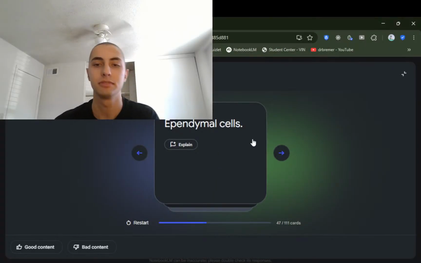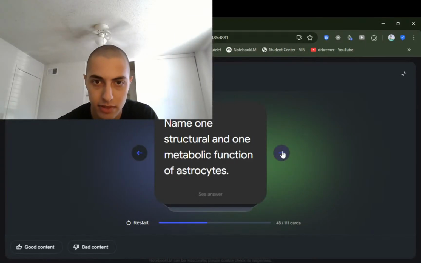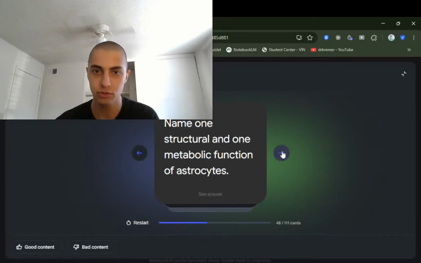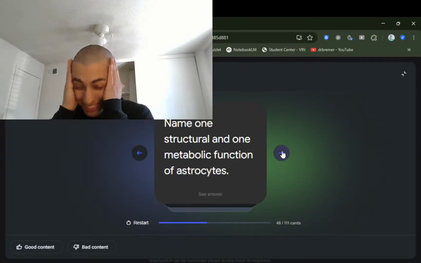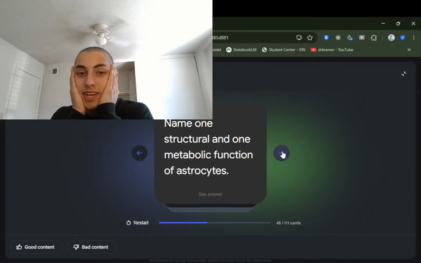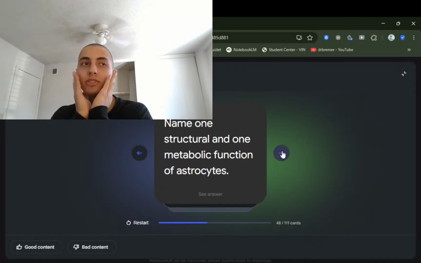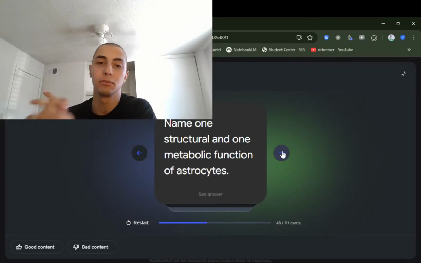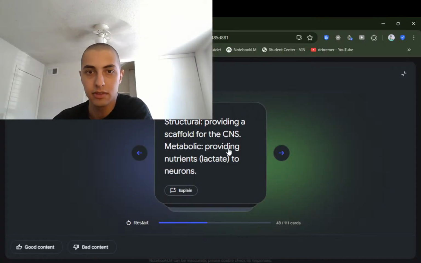Okay. Name one structural and one metabolic function of astrocytes. Astrocytes, I think, help make up the lining. Could be wrong, but I think they help ependymal cells. I don't know the metabolic function though. Let's see.